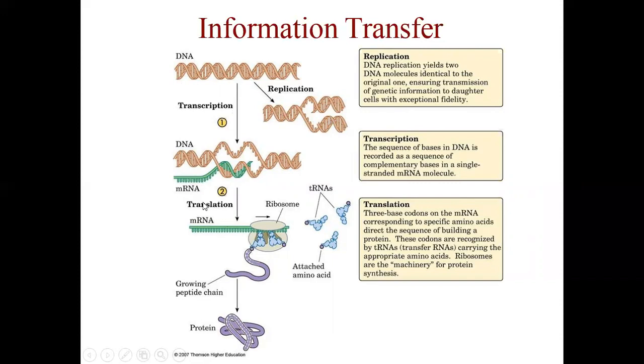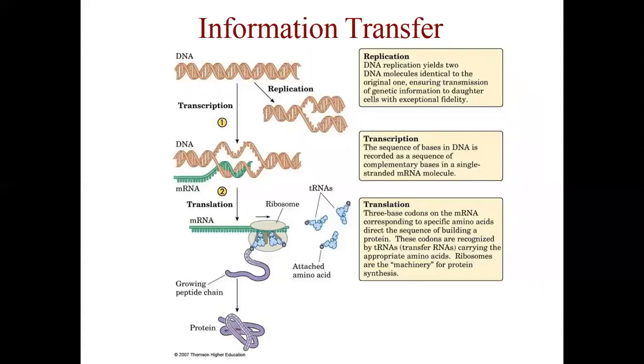And after the formation of mRNA, translation goes on, which involves the protein synthesis machinery, and due to the translation process, proteins are synthesized, which are basically the functional unit of life.